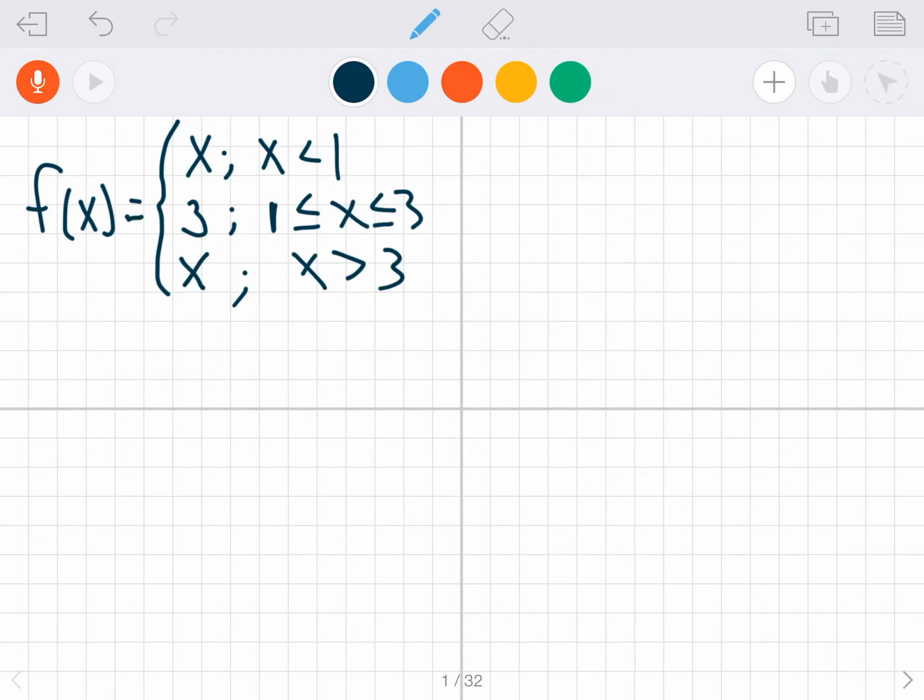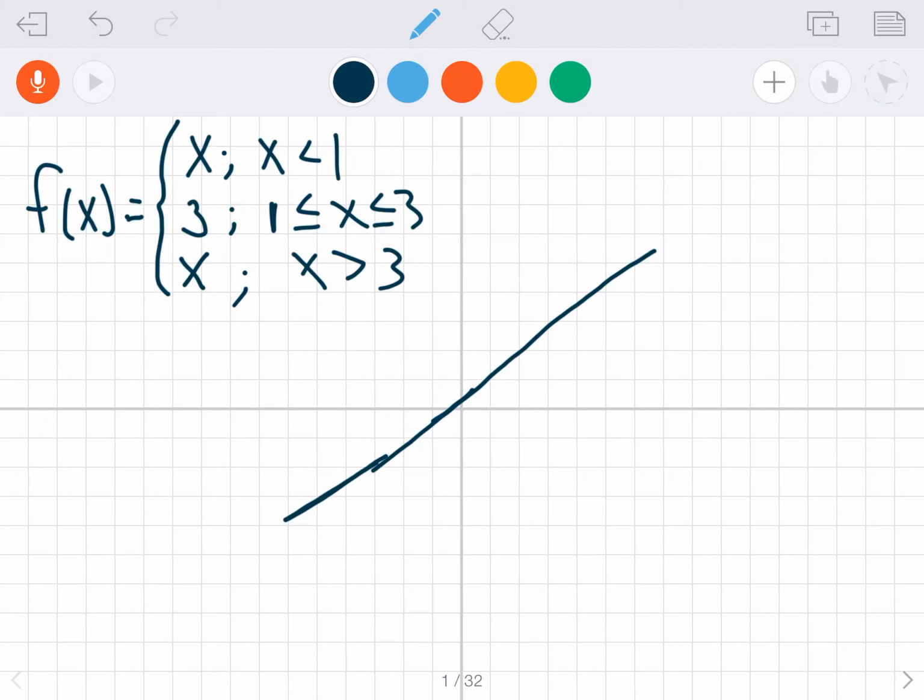So we know that x is the identity function. So we want to just draw first the identity function, and I'm going to show you how to do this. I'm going to draw a line here, and it's a good idea to do this with a pencil. Now notice that our conditions are just 1 through 3.